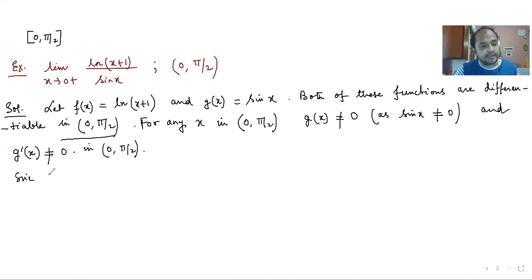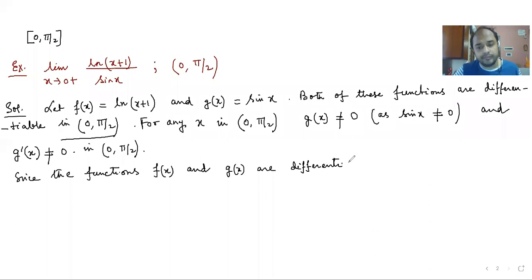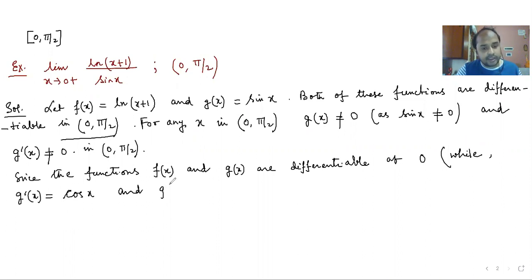Since the functions f(x) and g(x) are differentiable at 0, while g'(x) is equal to cos x and g'(0) equals cos 0, which is equal to 1, not equal to 0.